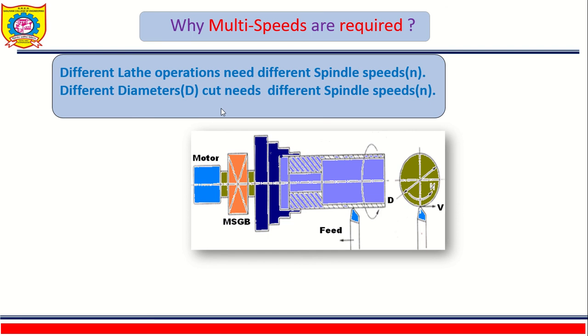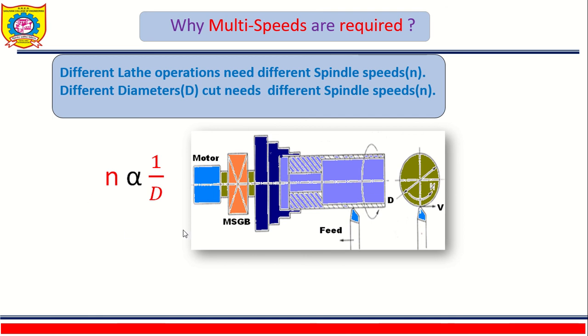If you want to perform a rough turning operation, the depth of cut will be higher and the speed lesser. Whereas for very fine finishing work we keep the depth of cut on a lower side and the spindle speed on a higher side. So to perform the various operations, we require multiple speeds.